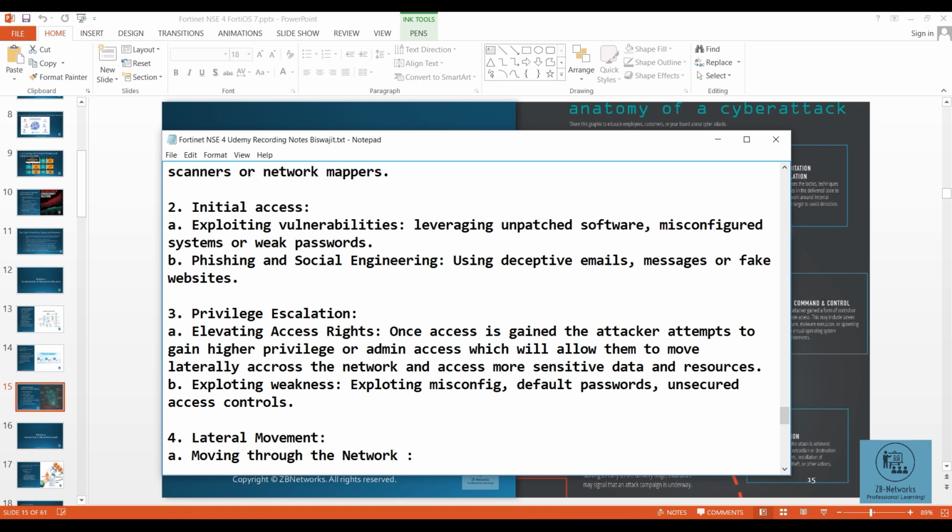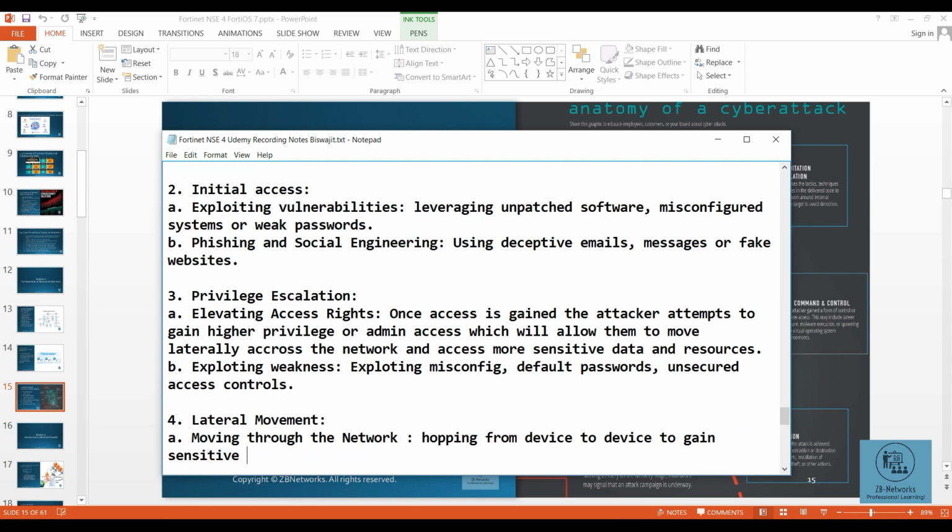Attackers generally navigate across the network, hopping from one compromised device or system to another, and the intention is to seek valuable information or gain access to critical systems, right? So the whole idea is moving across the network, or you can say hopping from device to device to gain sensitive information.